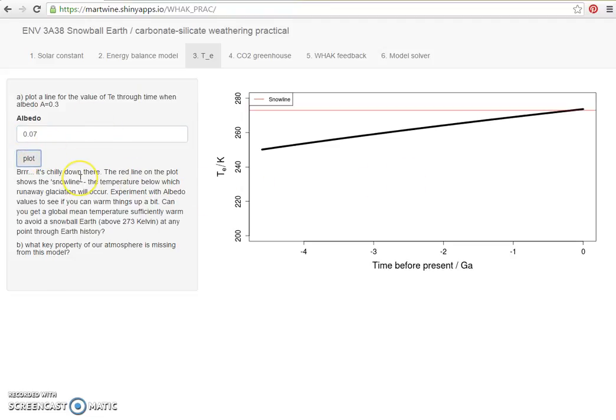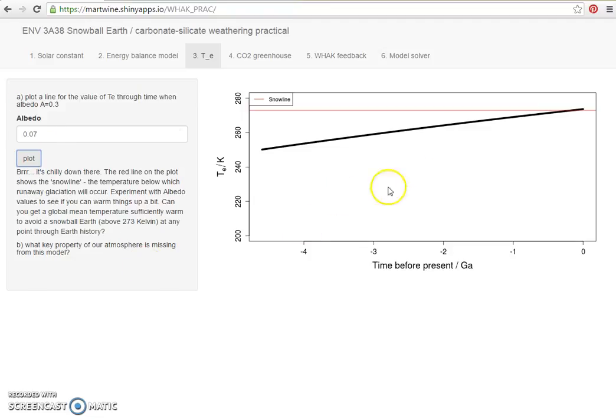So we need to go down to an albedo of maybe 0.08 or 0.07 to get the temperature over the threshold for unfreezing the snowball Earth, if you like. So that's not a realistic value of albedo. We know the present day albedo is roughly 0.31 or 0.32, and there's no evidence to suggest that it was significantly different in the past.